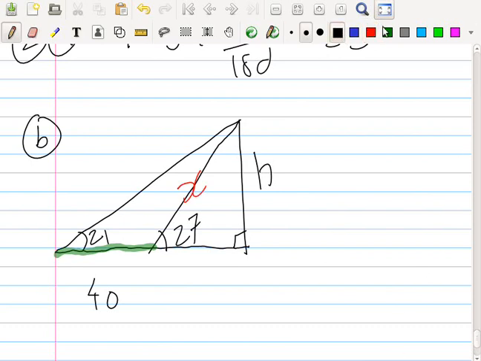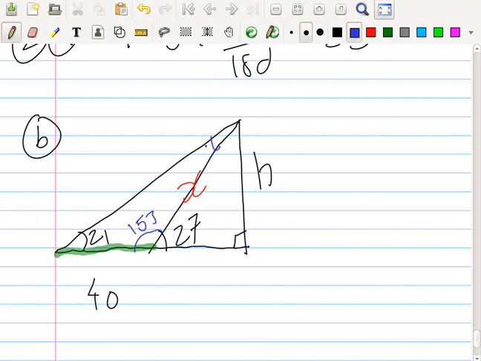Okay, different color. So let me put in all the angles we can find. So this one here would be 180 minus 27. So what's that? 153. And then 153 plus 21, that's 174.